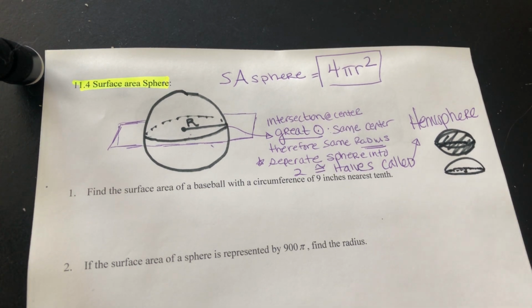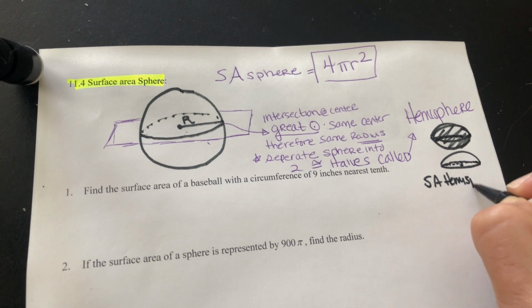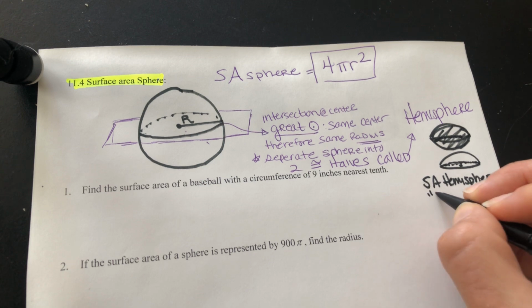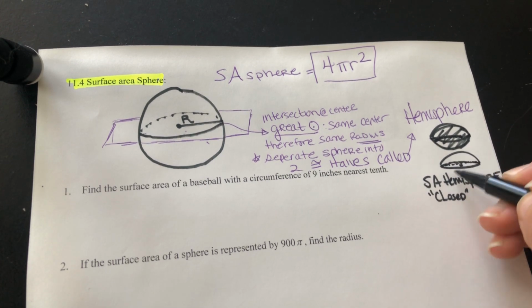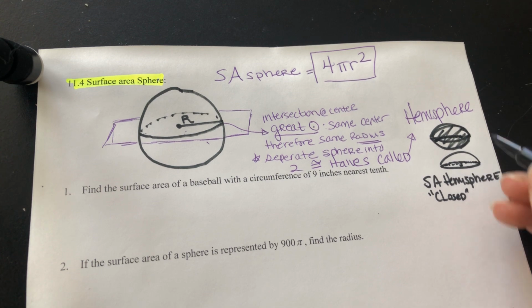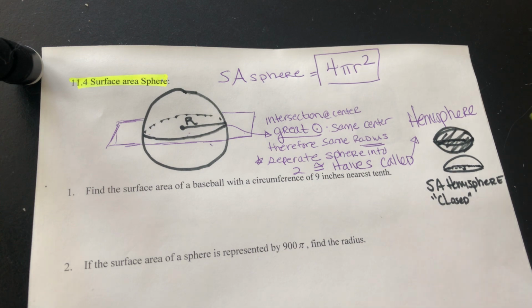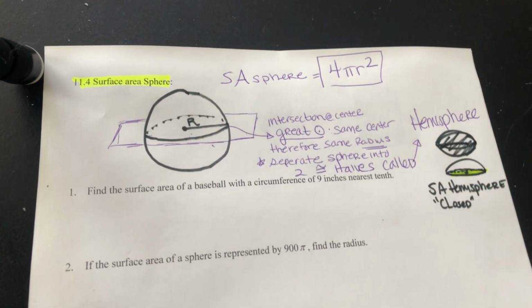Now, anytime I mention to you a hemisphere, I want you guys to consider the hemisphere closed. Well, what does that mean when I say closed? It means you're covering the bottom of the half sphere. So half of the sphere is 2 pi r squared, half of 4 pi. But when I said closed, you want to cover the bottom, and the bottom's a circle.